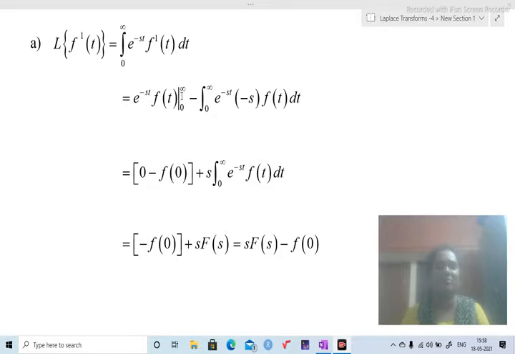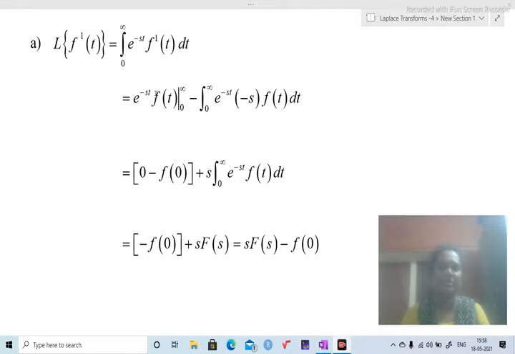First I am going to substitute infinity. E power minus infinity is 0. 0 into anything is 0. Next I am going to substitute 0, that is f of 0 as it is. So from this term, after substitution of limits, we are going to get 0 minus f of 0.